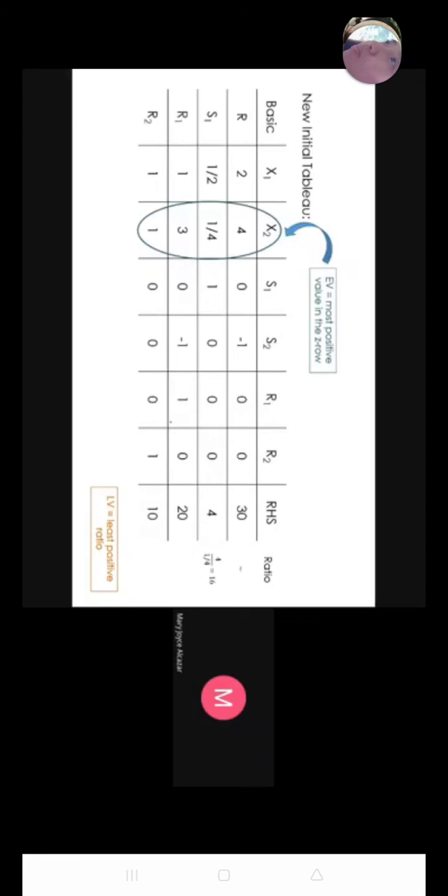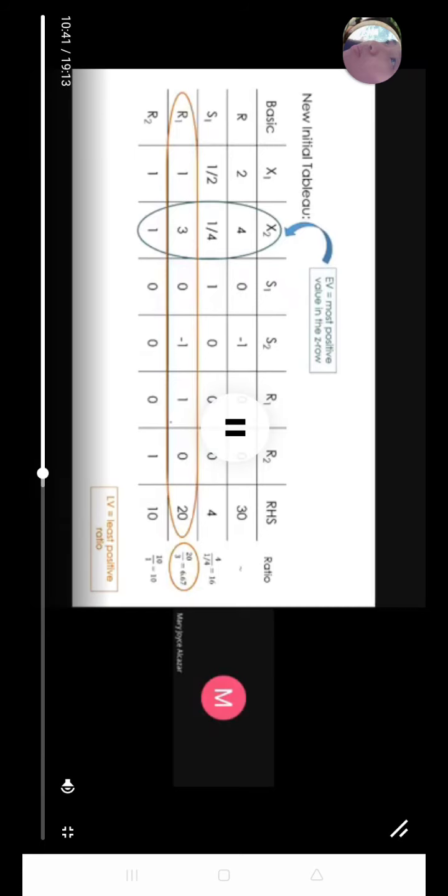For S1, that becomes 4 over 1/4, so that is 16. For R1, that is 20 over 3, or 6.67. And then R2 is 10 over 1, or equal to 10. The least positive ratio is 6.67, so R1 is our leaving variable.